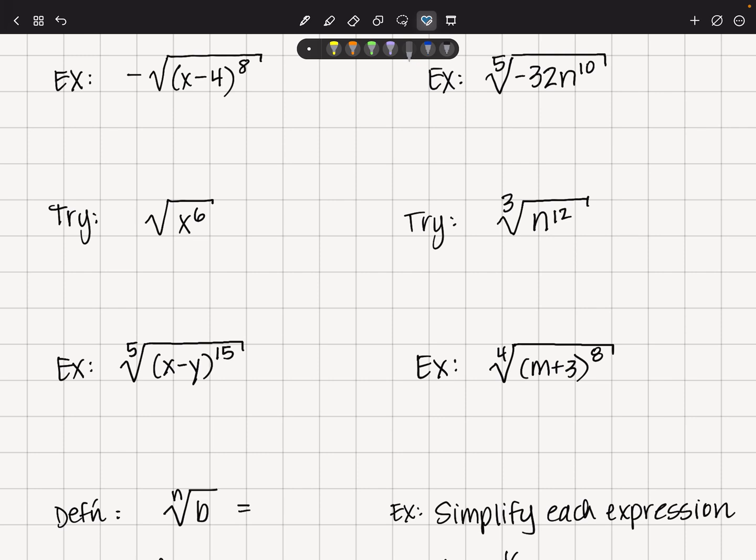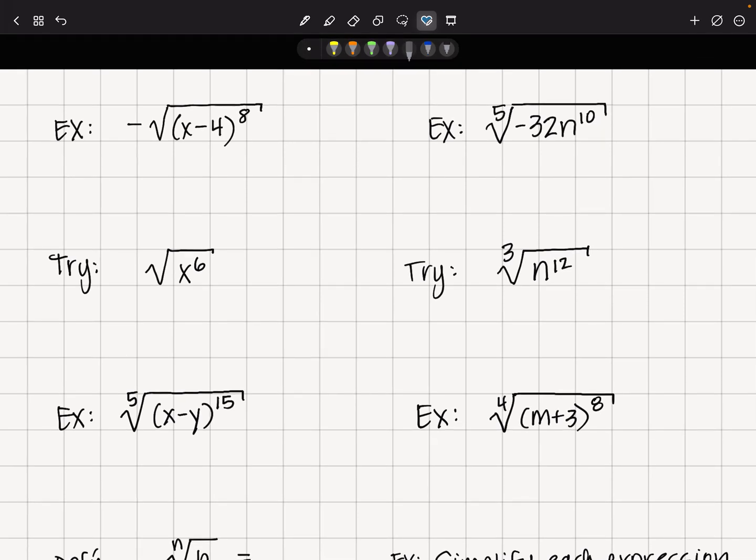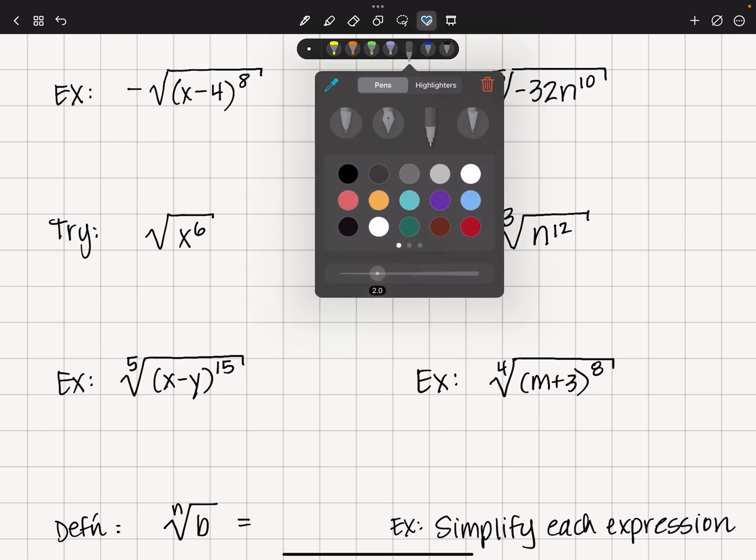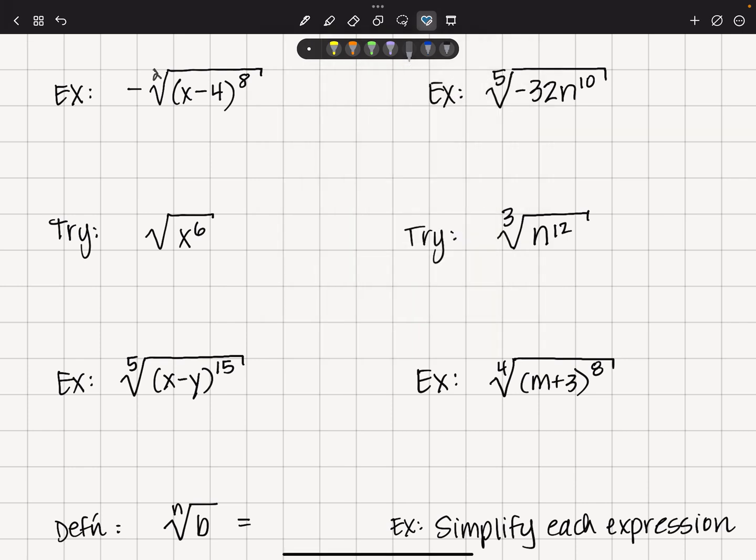Okay, here we have a negative on the outside, a negative square root of x minus 4 to the 8th power. So I just put a little 2 in there to say I'm looking for groups of 2. So I'd have x minus 4 8 times. So how many pairs would I have in those 8 binomials of x minus 4? Well, I would have 4 pairs. And you can say 2 goes into 8 4 times.